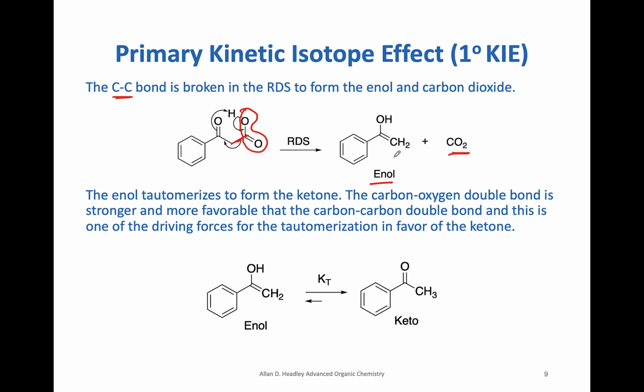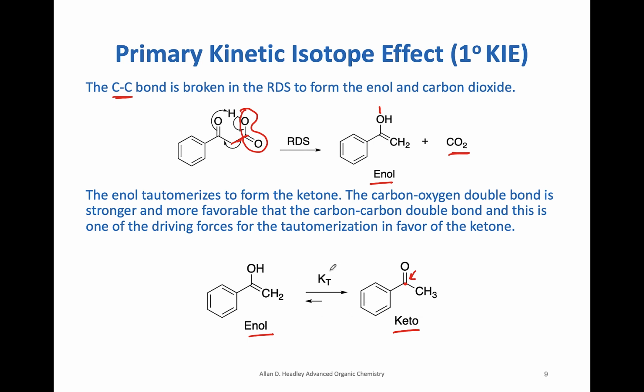It's called an enol because it's an ene and an ol. As you know from general organic, the enol is not as stable as the keto form, so there's a tautomerization which gives the keto form from the enol, where we have a carbon-oxygen double bond.